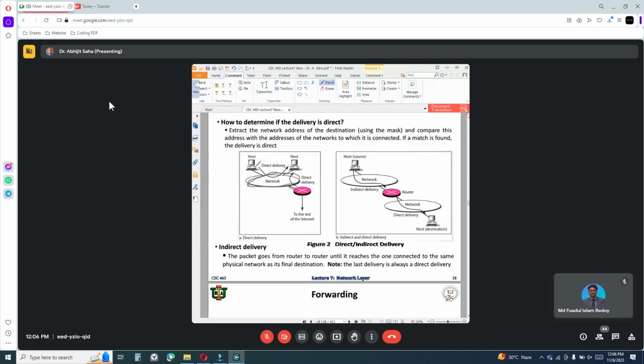Say one of the hosts from this network wants to communicate with another host. Because they are in the same network, they make the communication themselves, and that is known as direct delivery.